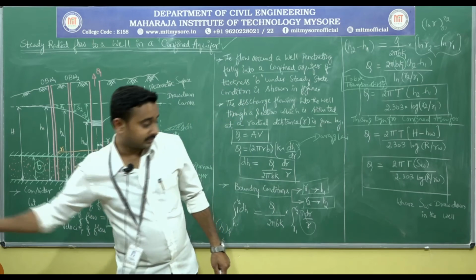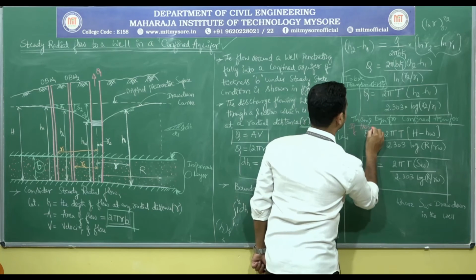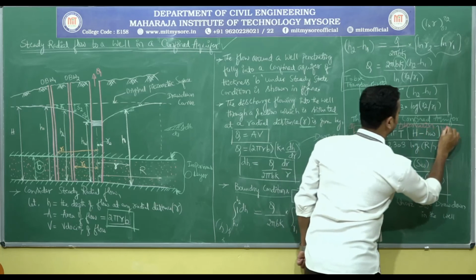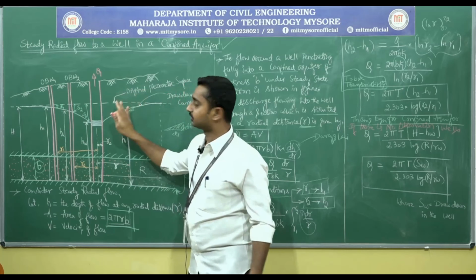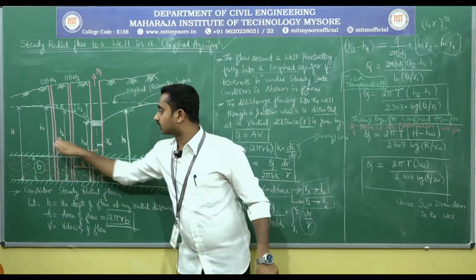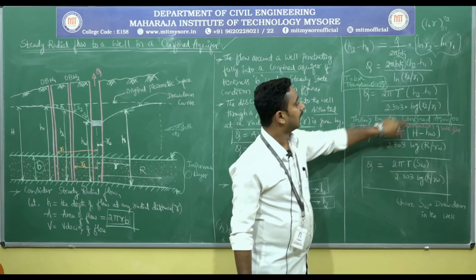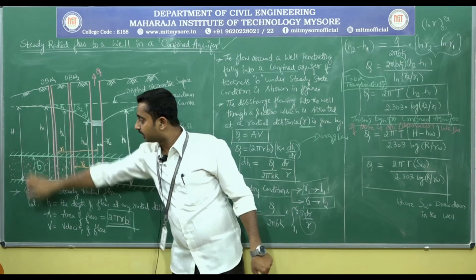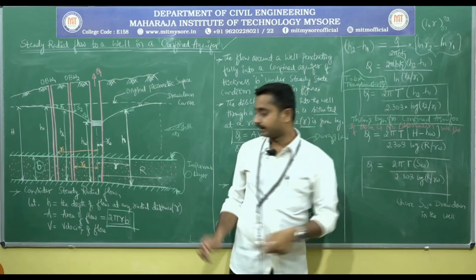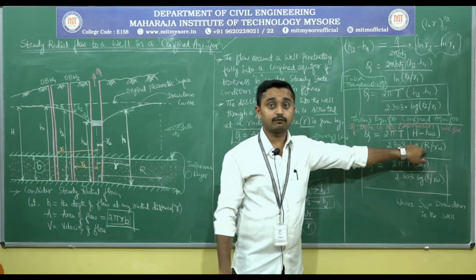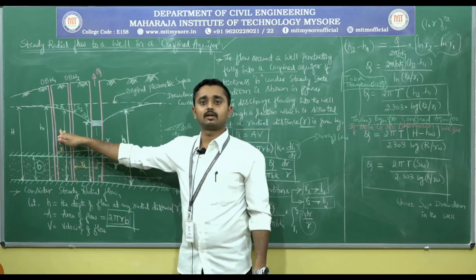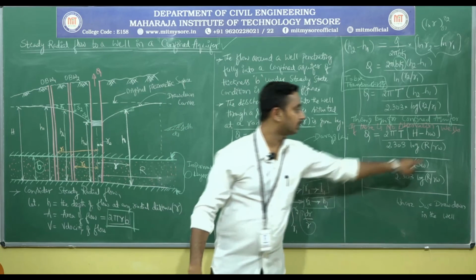Now, in case of absence of an observation well, if there is no observation well and only the pumping well is there, just similar to the previous one, replace the terms. 2 pi T as it is; h2 is replaced by H, the total head, and h1 is replaced by Hw, whole divided by 2.303 log of R2, the radius of influence, replaced by capital R, divided by r1, which is replaced by rw, the radius of well, because there is no observation well.